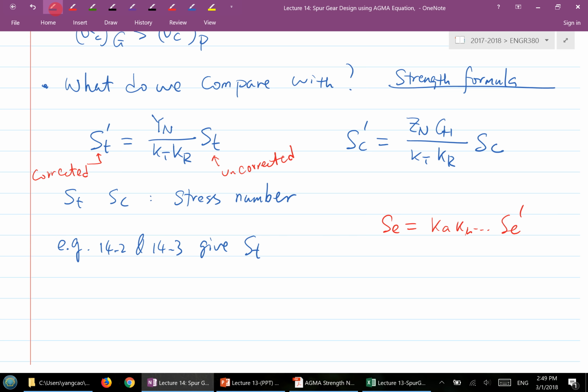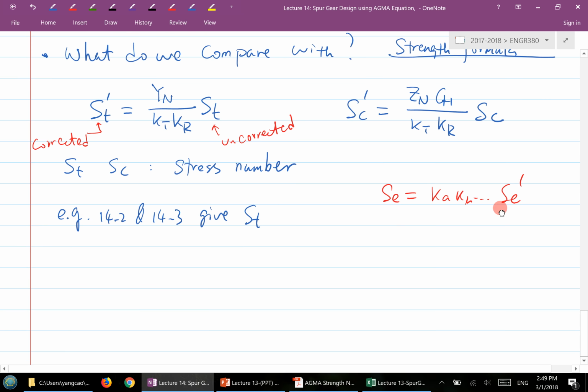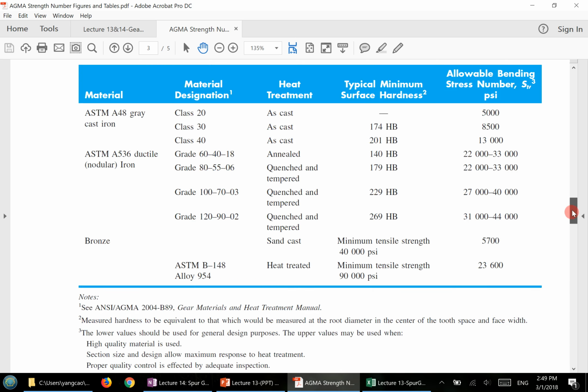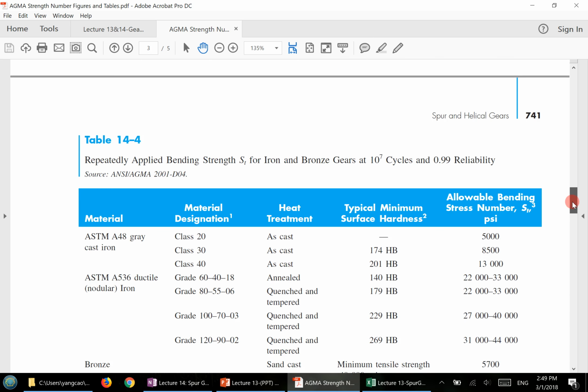All right. Coming back to the example we have here, we have a cast iron. Let's see for the bending stress. For the bending stress, I'm going to use table 14-4. This is the bending strength ST number, and the first row is the cast iron.